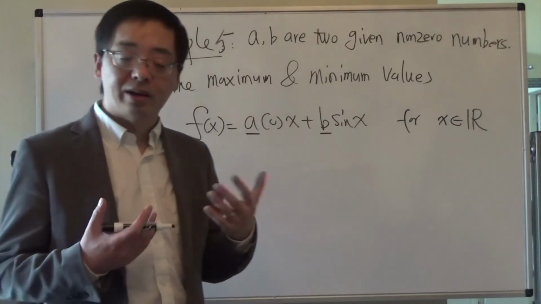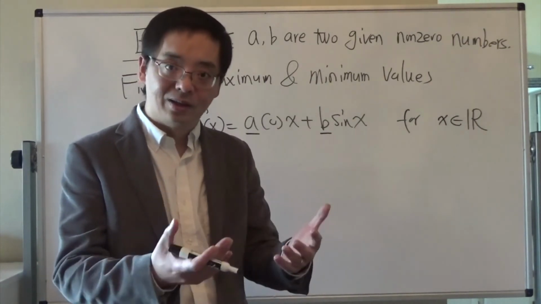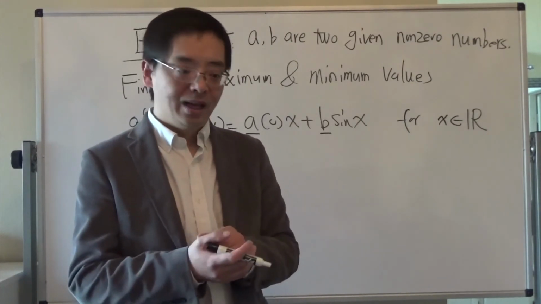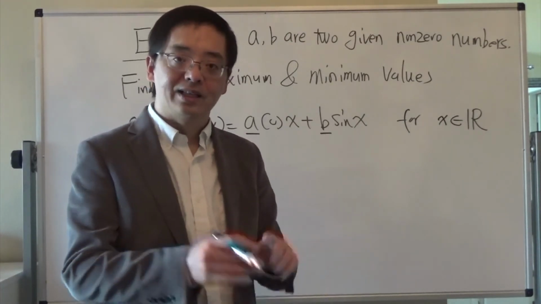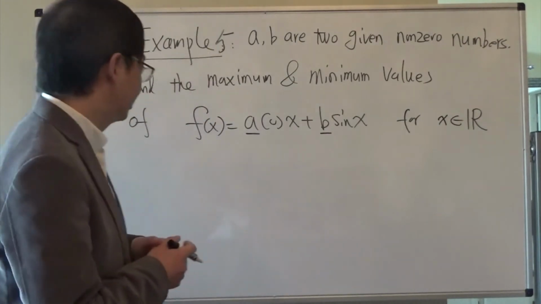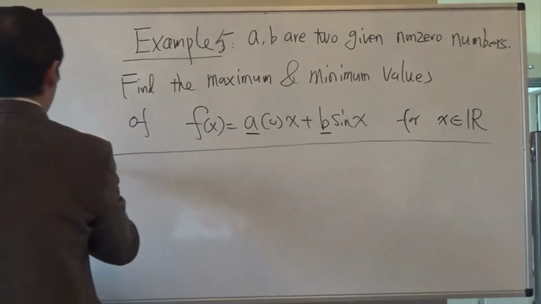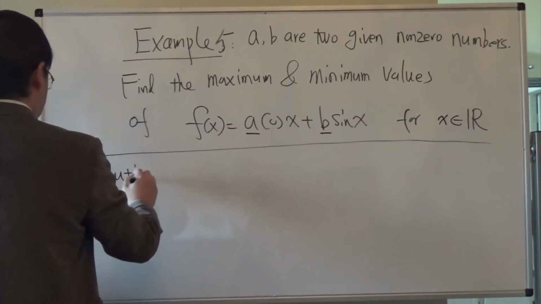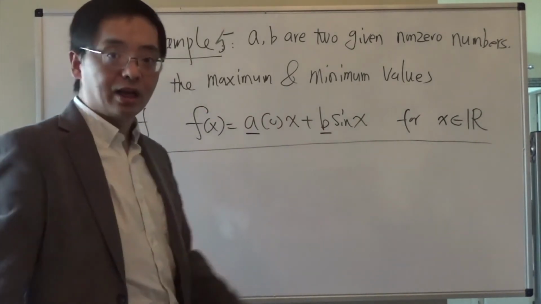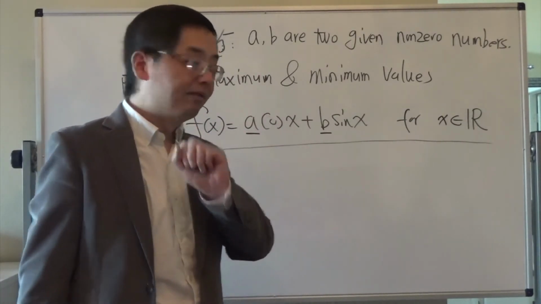If we have learned calculus, one straightforward way is to take the derivative, find the zeros, and then identify the maximum and the minimum values. Here we are going to look at a more elementary approach without using calculus. Let's see how we do that. I'm going to rewrite the expression of f(x) so that it's in a form where we can use the sum formula.